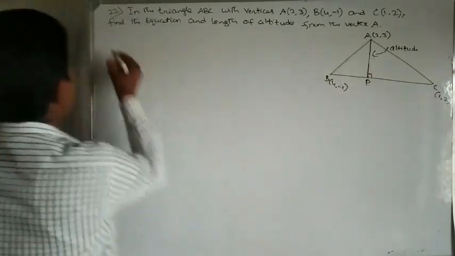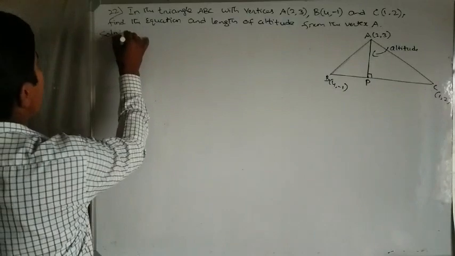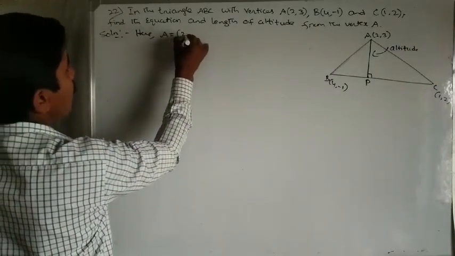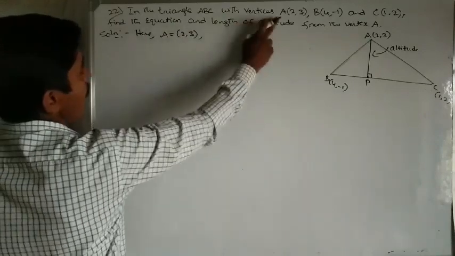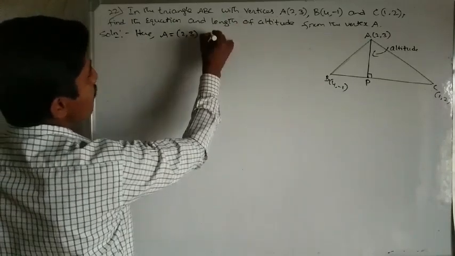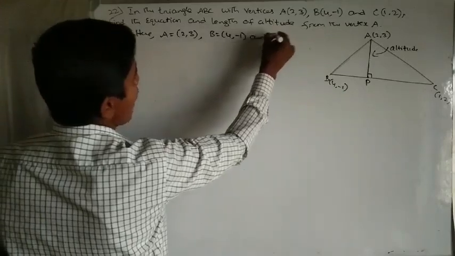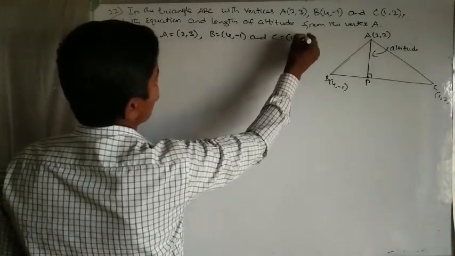Got it? So here A is equal to 2, 3, B is equal to 4, -1 and C is equal to 1, 2.